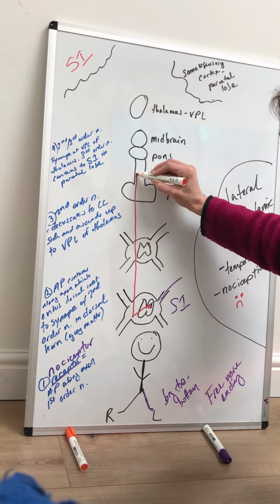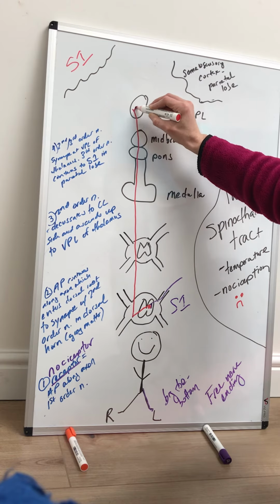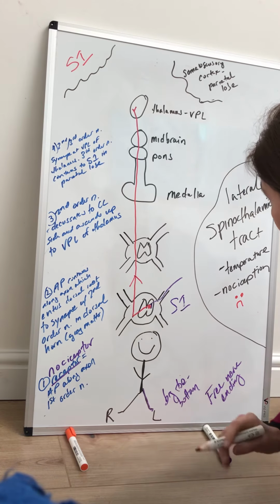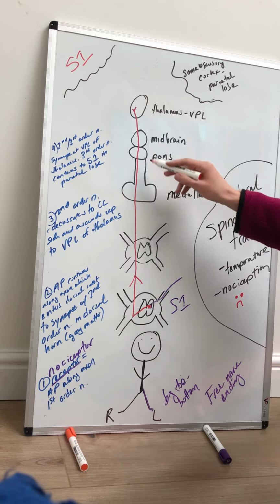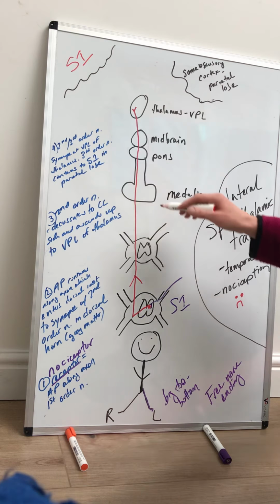through the medulla, through the pons, the midbrain, and it's going to go to the thalamus, okay? So it's going upwards. So the medulla, the midbrain, and the pons, it still passes through these points, okay? But it doesn't synapse here, it doesn't decussate here, it just goes through, okay?